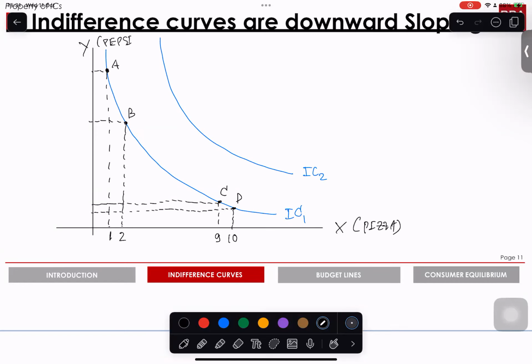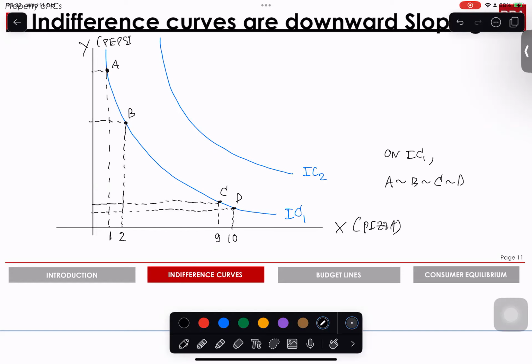Let's look at an indifference curve. Here, we have 4 baskets A, B, C, D on this indifference curve. Baskets A, B, C, D are on the same curve.